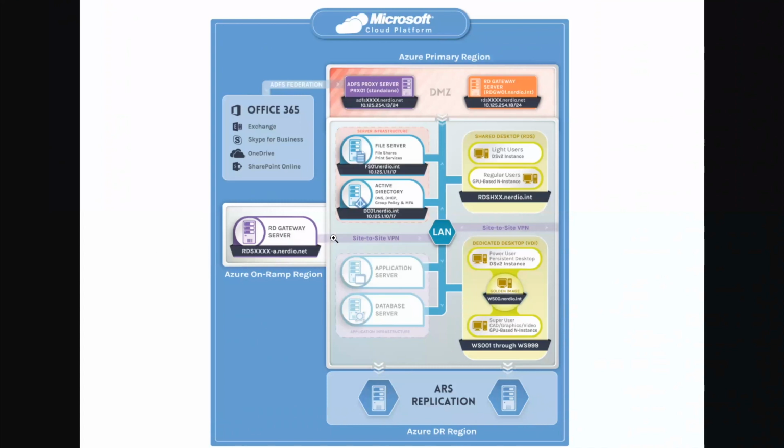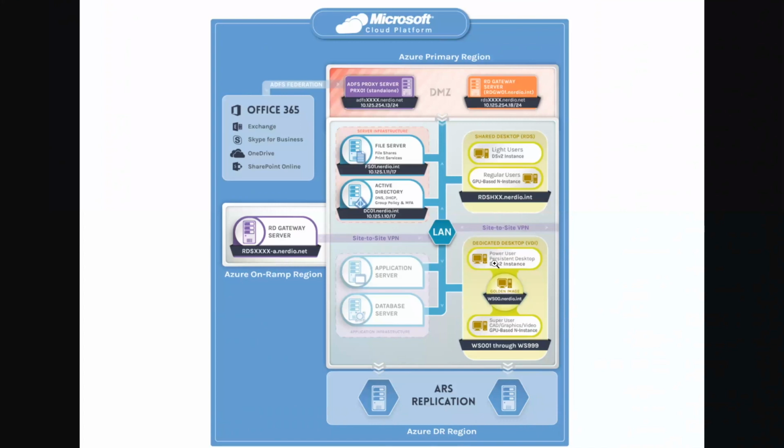So if you have a user that is sitting, let's say, right here, and connecting to this RD gateway, and they're consuming X amount of bandwidth, they're going to be charged whatever the cost of that bandwidth is, leaving the primary region and arriving at that user's computer. If you have a user over here that is connecting to an RD gateway in the on-ramp region, and then that RD gateway tunnels that traffic over the site-to-site VPN to a particular desktop, the traffic is now traversing two data center regions.